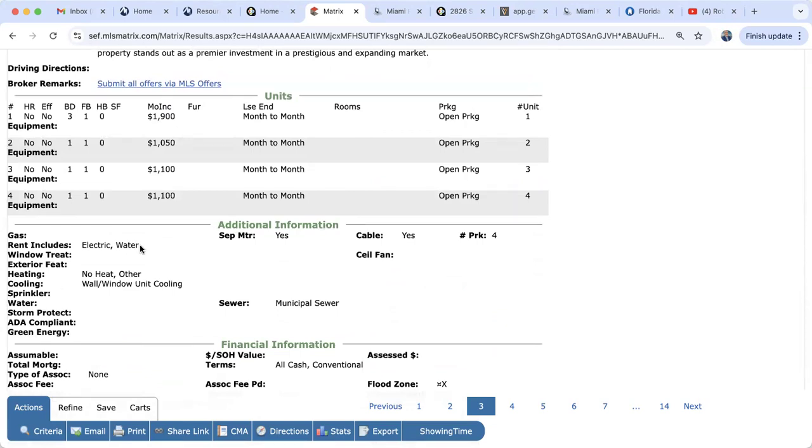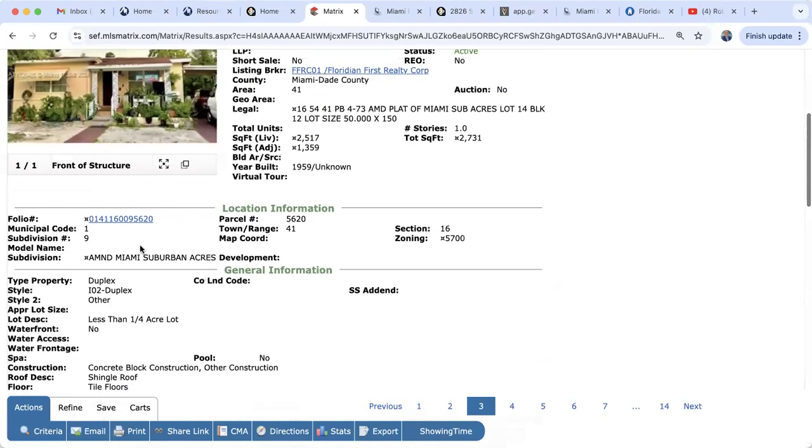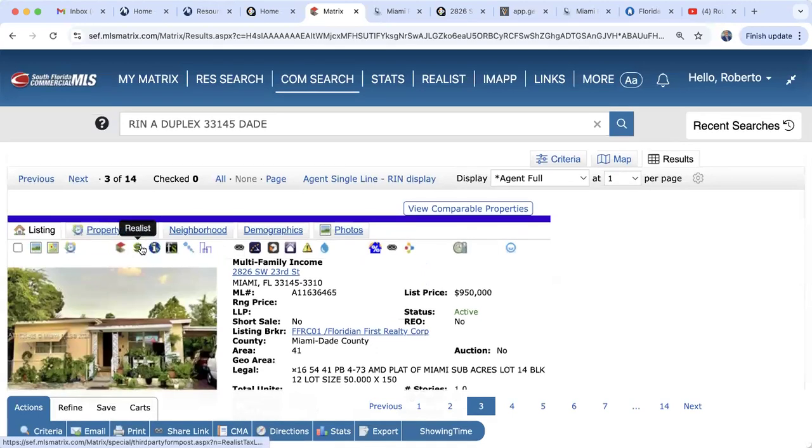So I'm gonna say that electric and water for this property is somewhere combined around $600 a month. $600 a month times 12 is $7,200. So $18,000, which was taxes and insurance, plus $7,200.